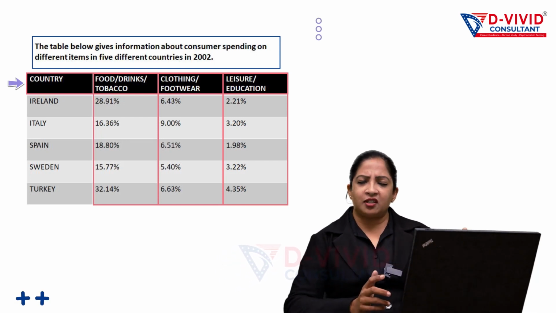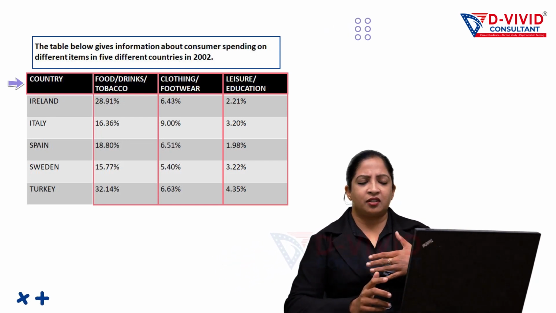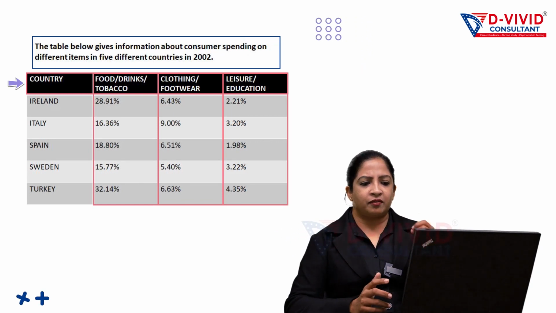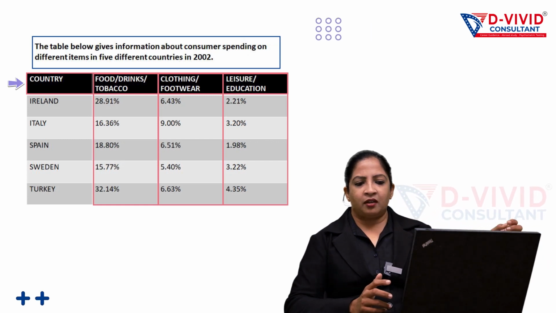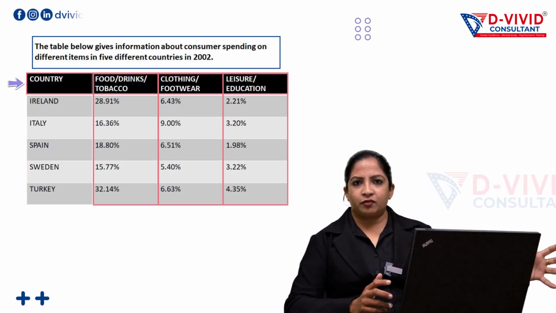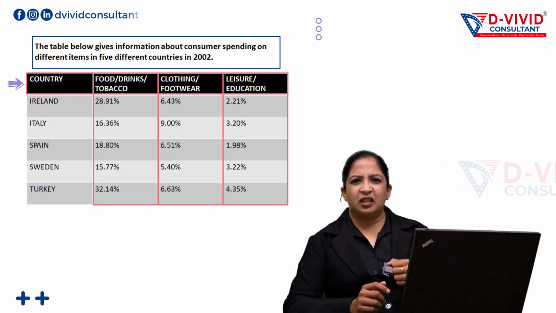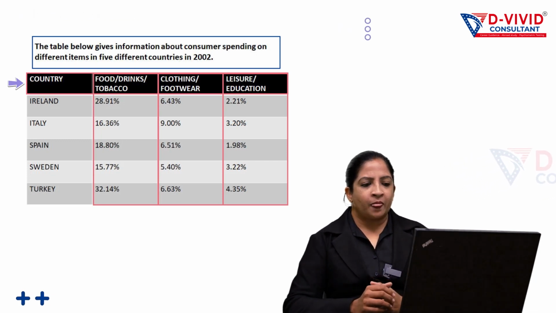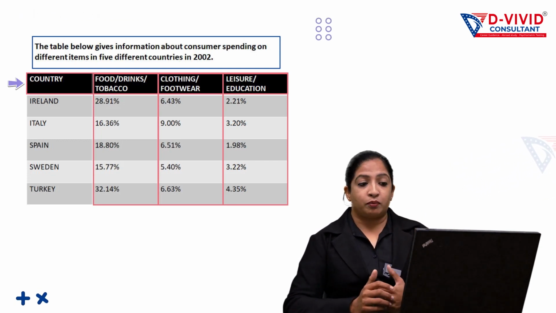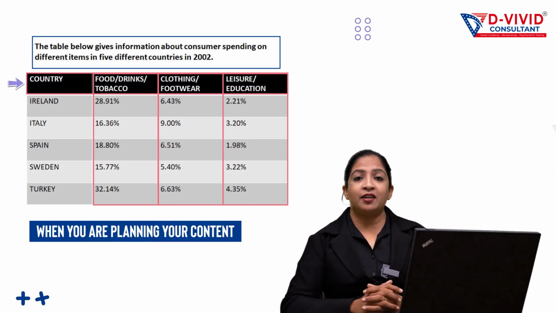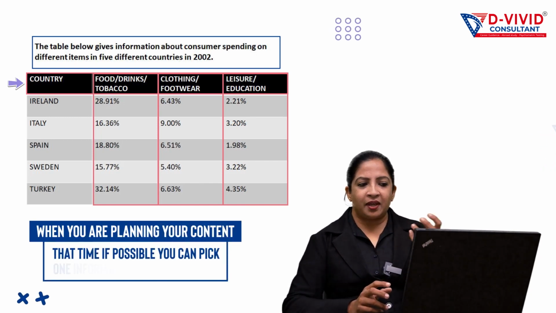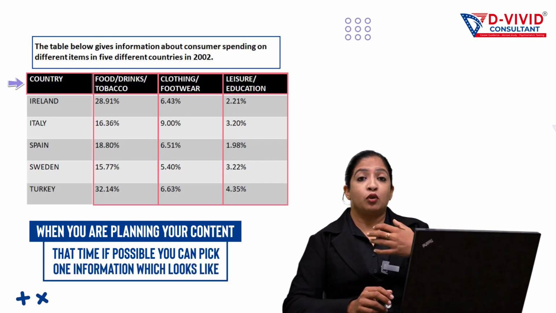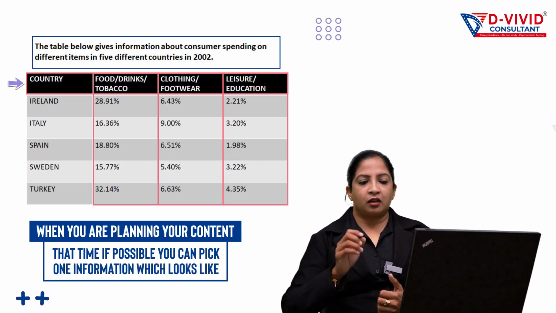So instead of just ending your content with "leisure and education is spent the least in Spain with 1.98%," full stop, it looks incomplete, right? So while you are observing and planning your content, if possible, you can pick one piece of information which looks like a closure.